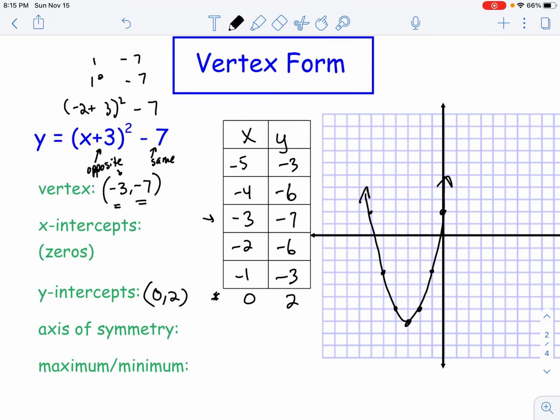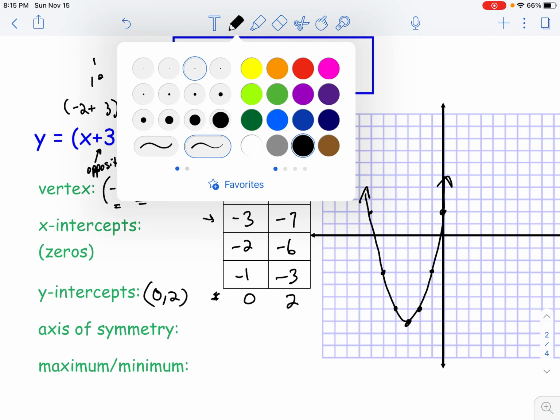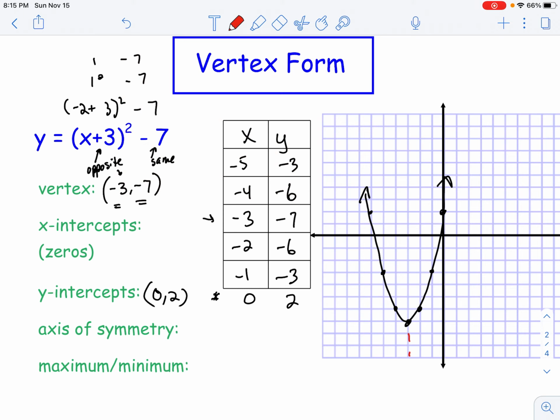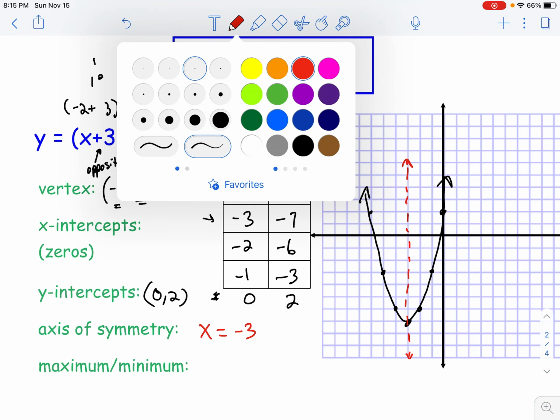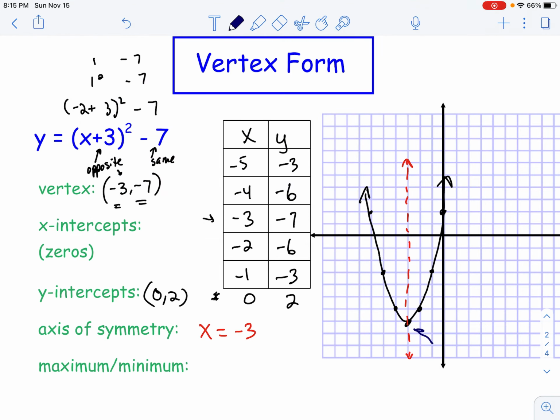Okay, so the axis of symmetry is going to be right through that vertex. And that's at x equals negative 3. And then, do we have a maximum or minimum? Well, here we have a minimum.